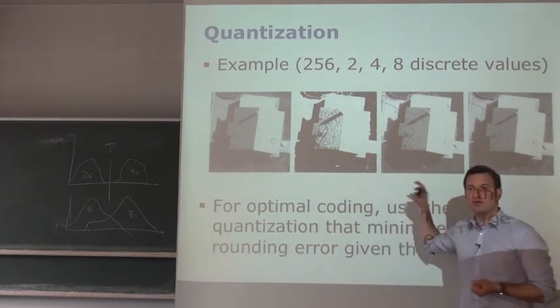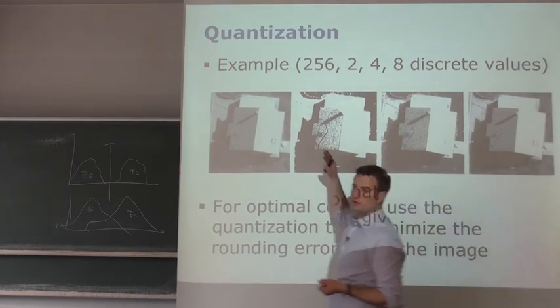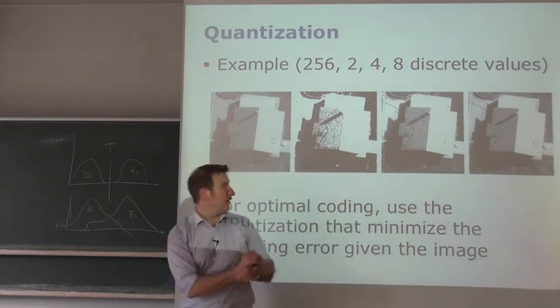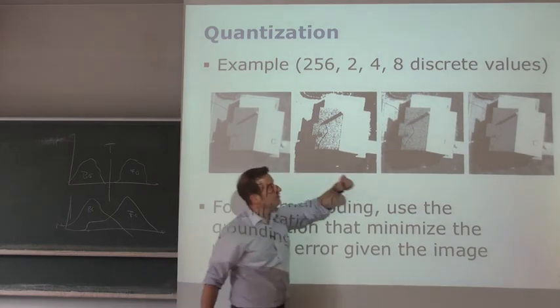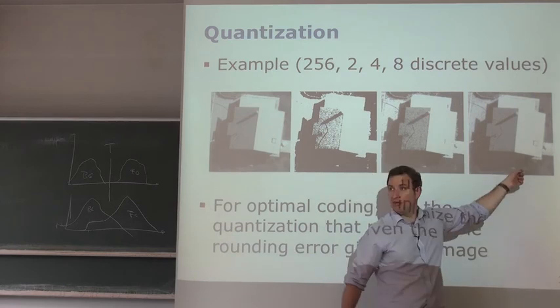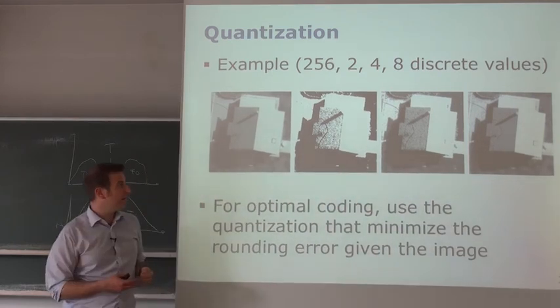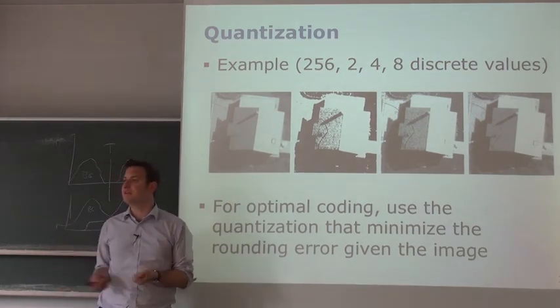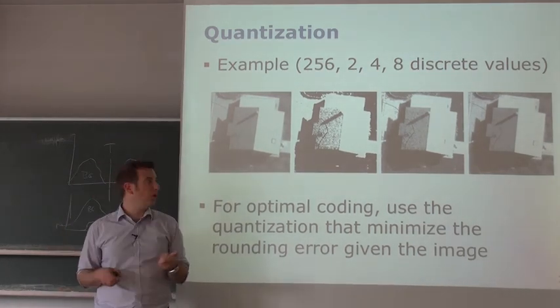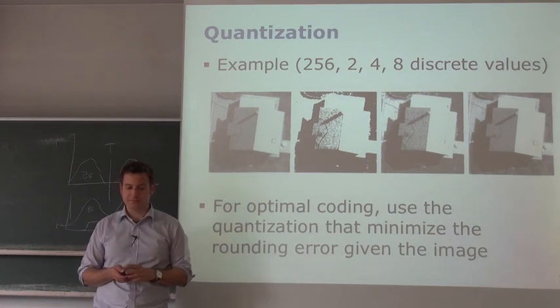So this is a simple form of image compression, because I don't need to store a full byte. I only need 1 bit, 2 bits, 3 bits, it just depends on the number of different intensity values that I want to show in here.